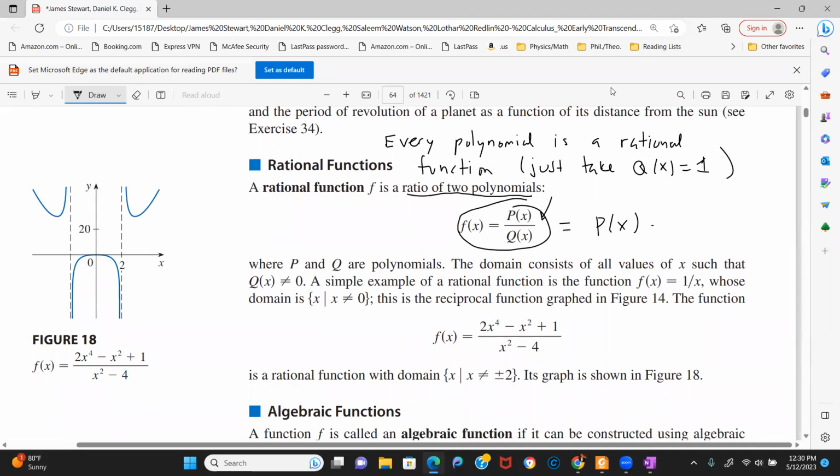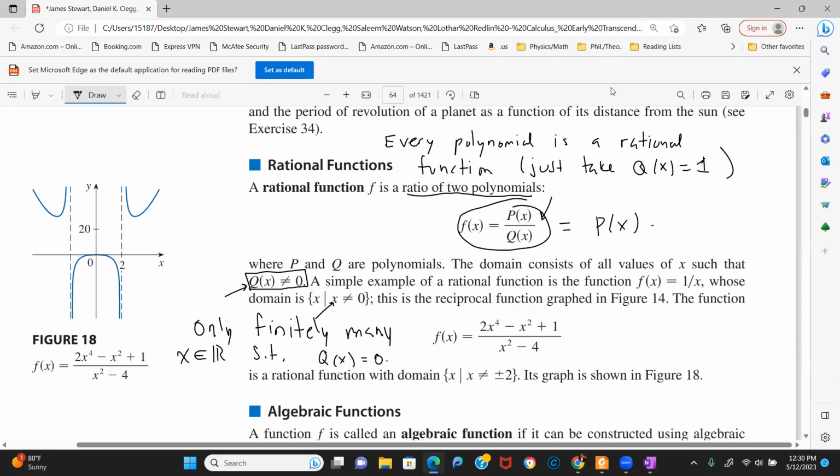The domain in this case consists of all the values of x such that the denominator is non-zero. Because we're talking about polynomials, there are only finitely many real numbers, finite meaning not infinite, such that q of x is equal to 0.